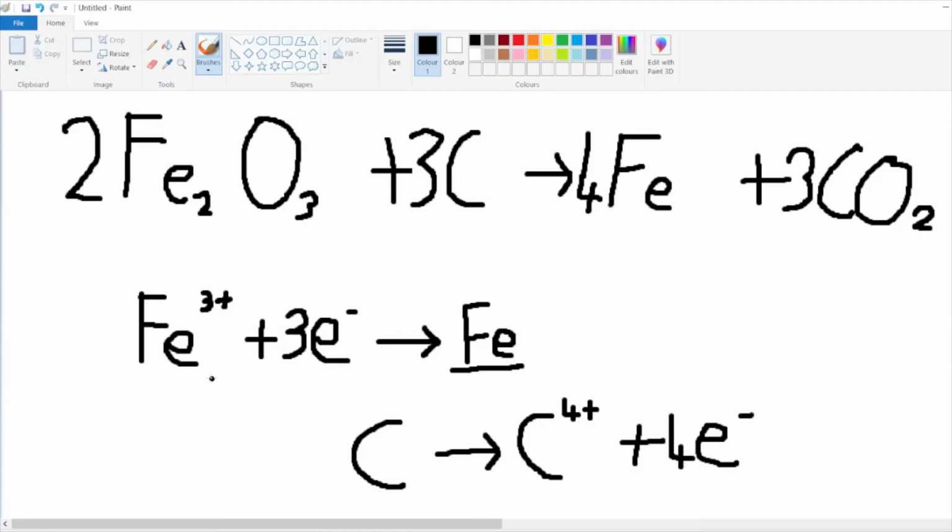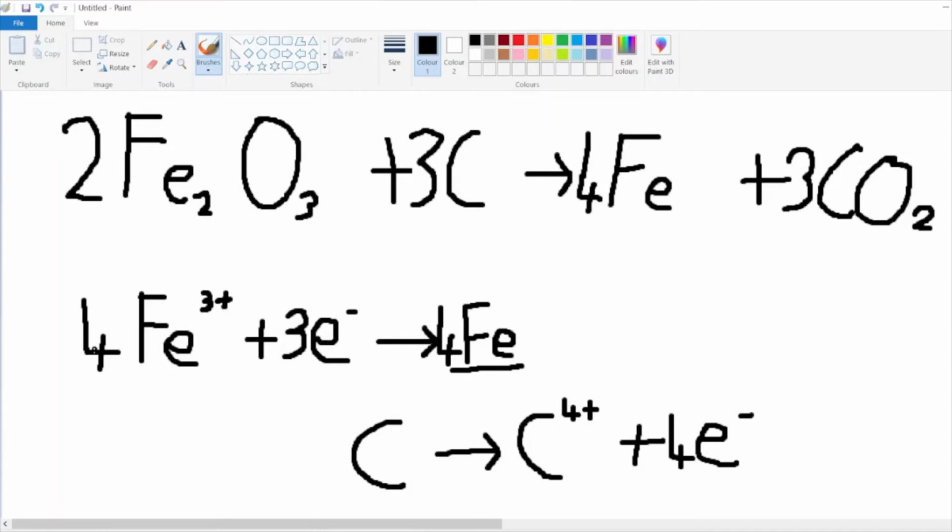However, these aren't balanced. One of the key things to do is you've got to look at the reaction that your stuff is coming from. So if we were writing half equations specifically for this reaction, we need to take into account the mole ratio. So we finish up with 4 Fe, so we need to start with 4 Fe to get 4 iron out, and therefore what does this have to be?